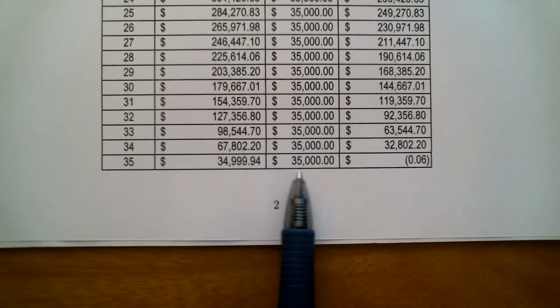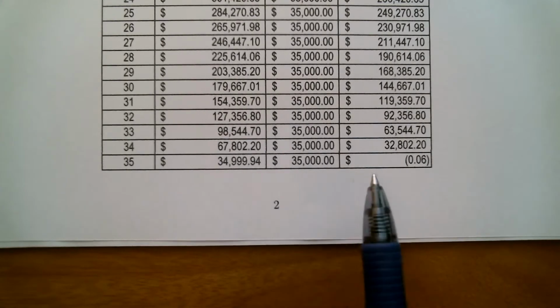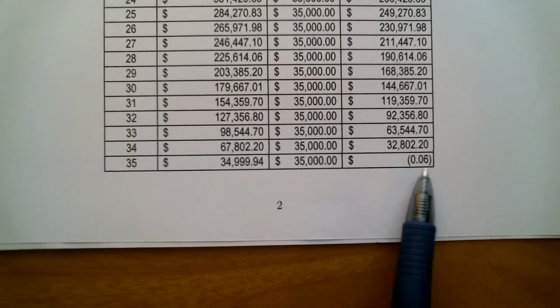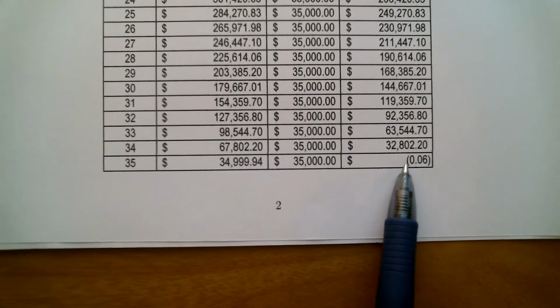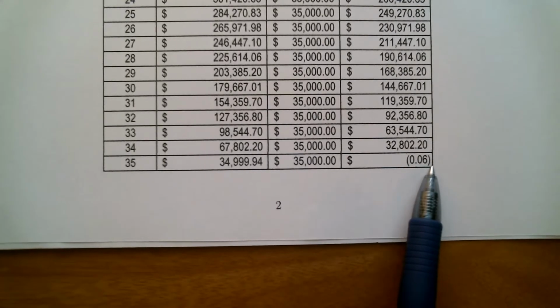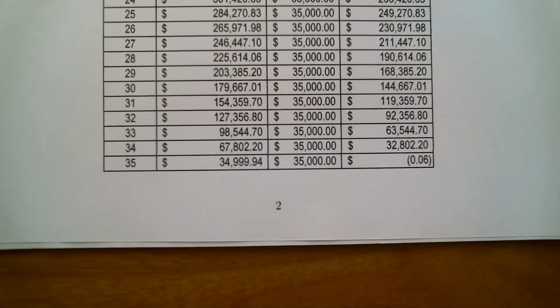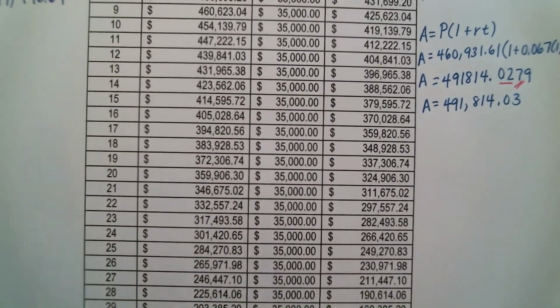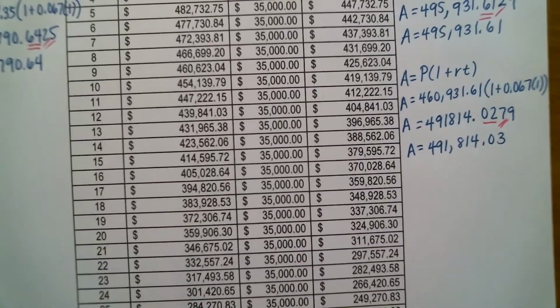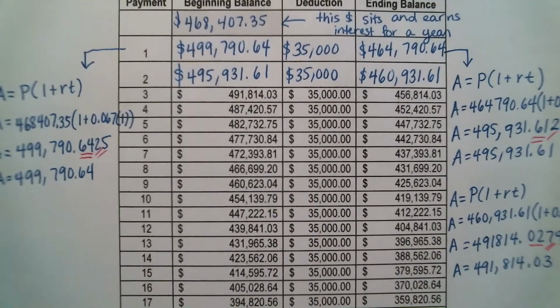You make the $35,000 payment, come up with the extra 6 cents, and the parentheses here means that it's negative 0.06. So you can see that basically the account was zeroed out and covered exactly what you needed. This was just mapping this out so you get an idea of what our answer meant.